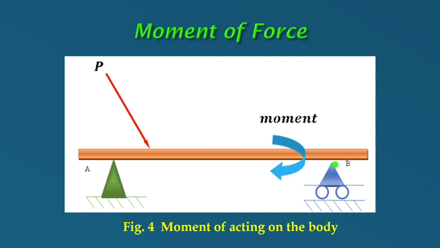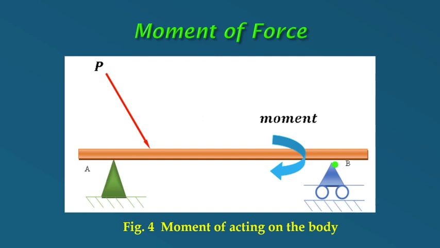So, to know the rotational effect, the moment is relevant, rather than force. While we know that for simple translation, say moving along a straight line, only force is relevant. The distance parameter is not relevant here. But for rotation, in addition to force, distance is also required. Here moment is relevant.